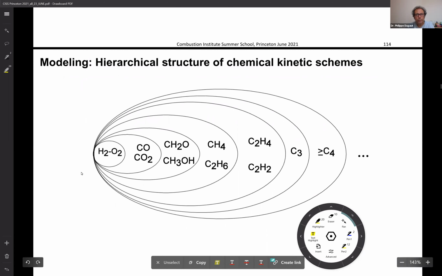And when we are dealing with hydrocarbons or oxygenates, we start with the core mechanism, then we have the CO2 submechanism, the formaldehyde, methanol submechanism, methane and ethane mechanism, ethylene, acetylene, C3, C4, C6, and up to at least the size of the fuel we are burning.